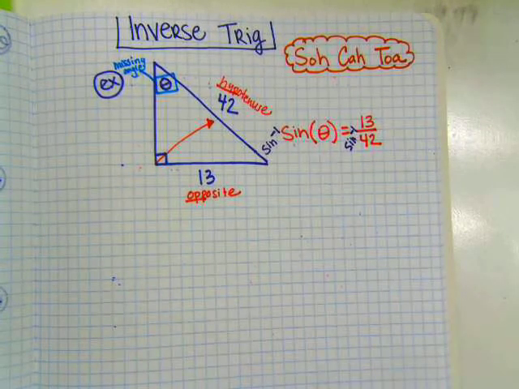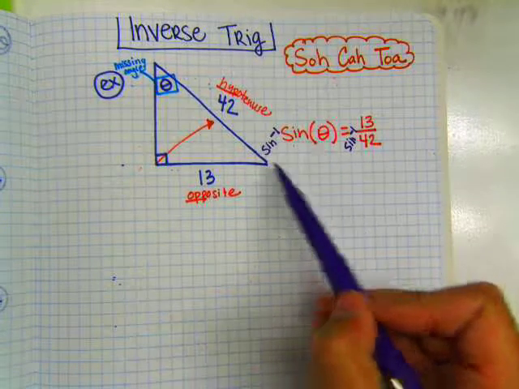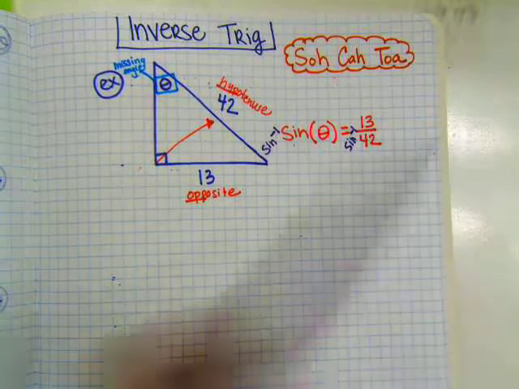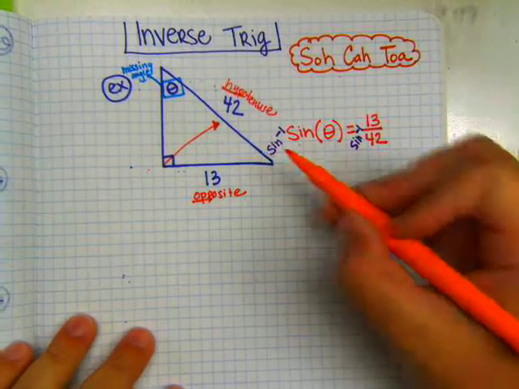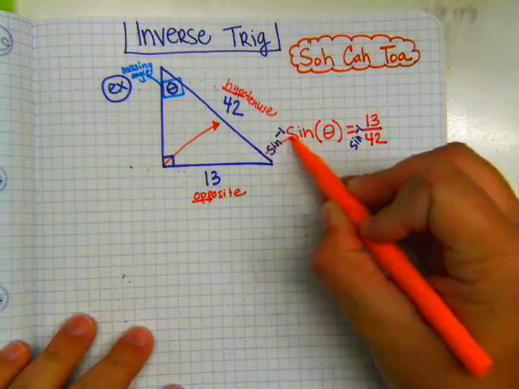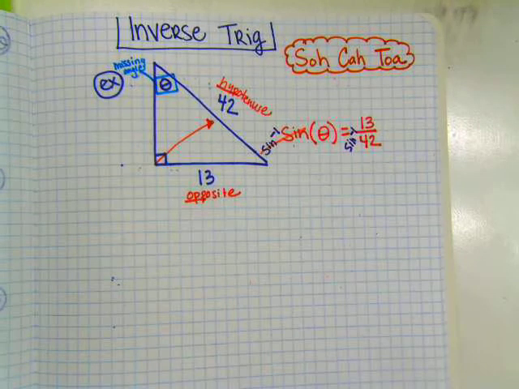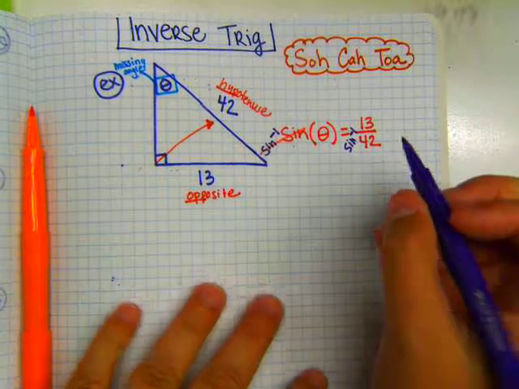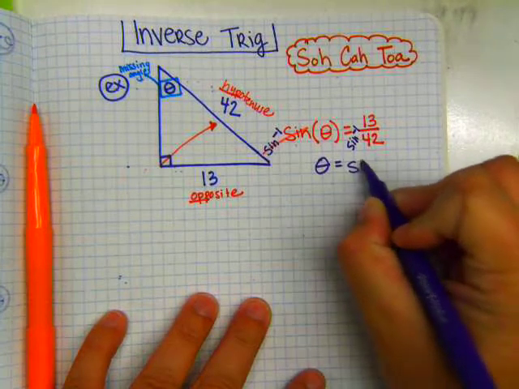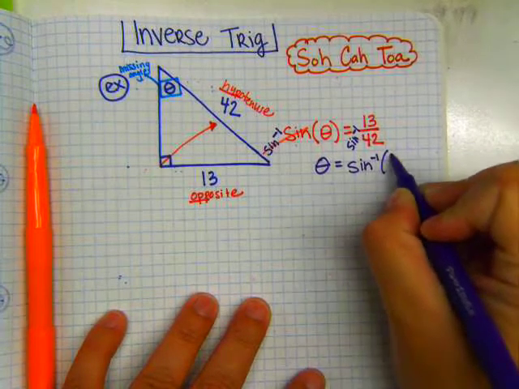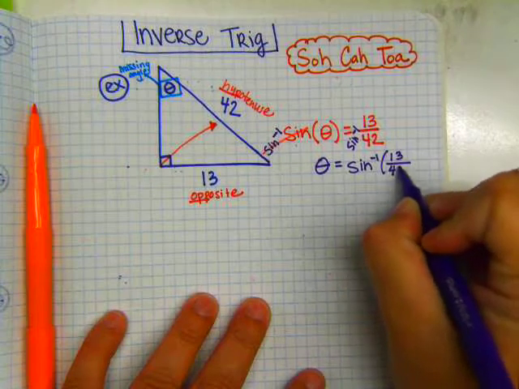Whatever you do to one side of the equation, you have to do to the other side. So this sine inverse and this sine actually cancel out, and I'm left with theta equals sine inverse of 13 over 42.